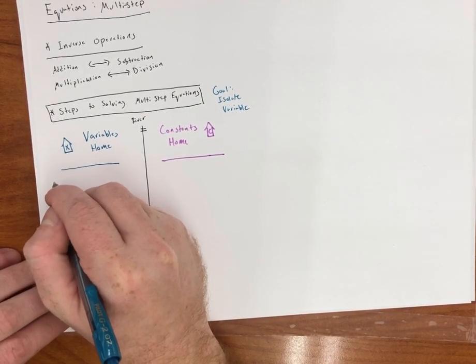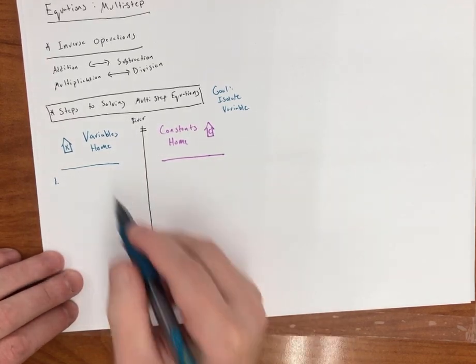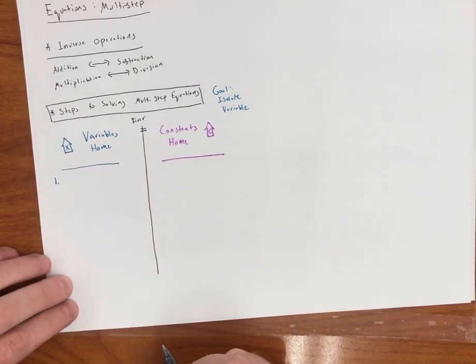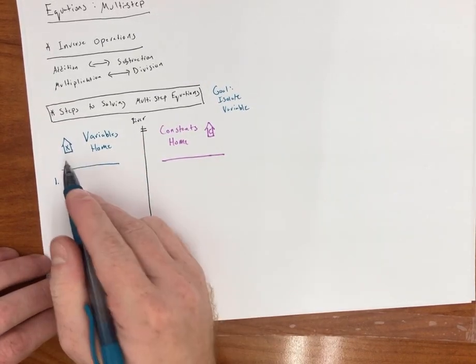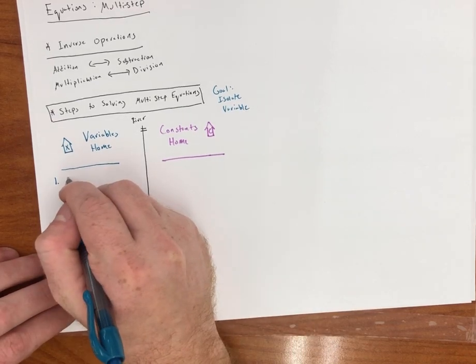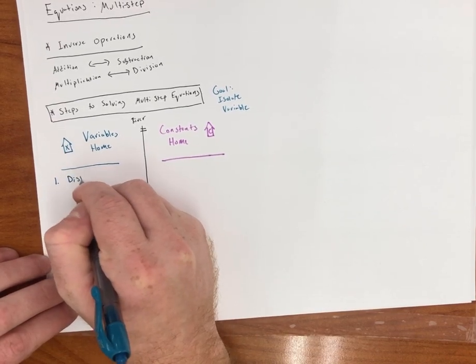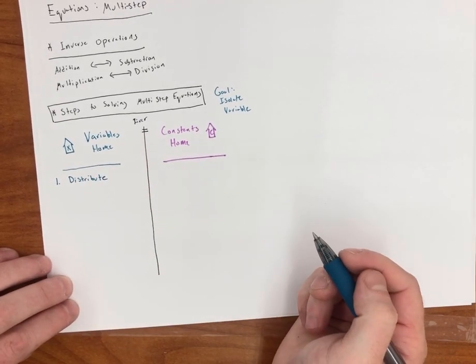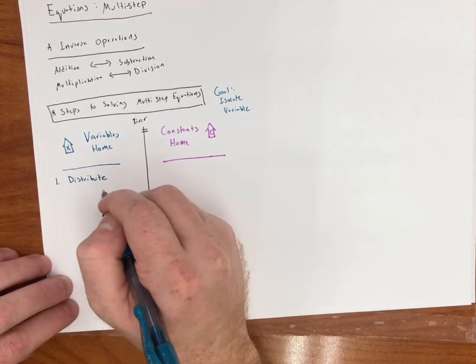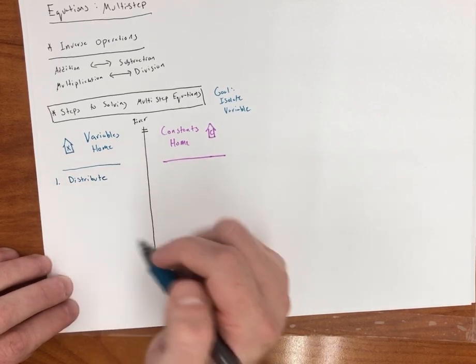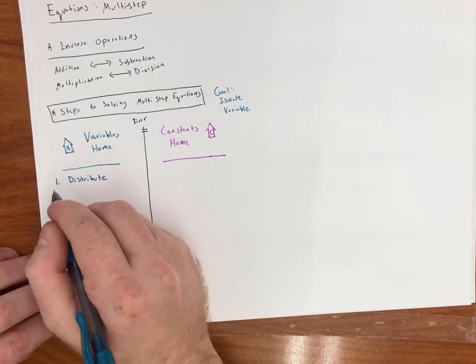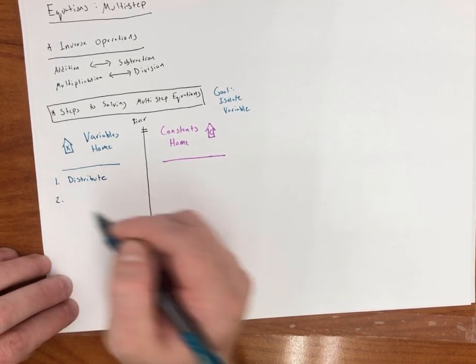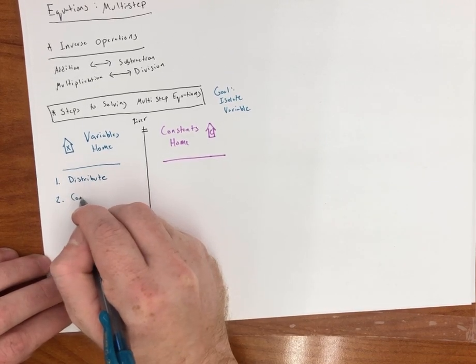So first we need to worry about what's going on at variables home. We're looking at the left side, the house of x. What we first need to do is distribute if there's a parentheses. And then our second step would be to combine like terms.